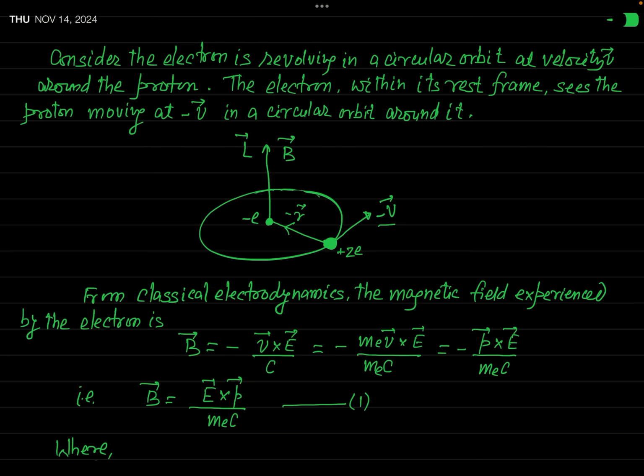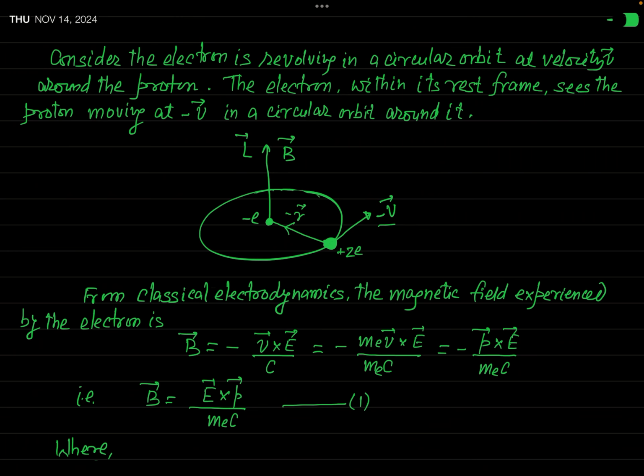So here, in the rest frame of the electron, the proton is in motion, and so this proton will create a magnetic field, and in that magnetic field this electron will be situated.